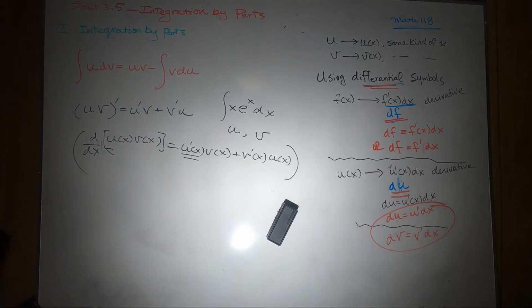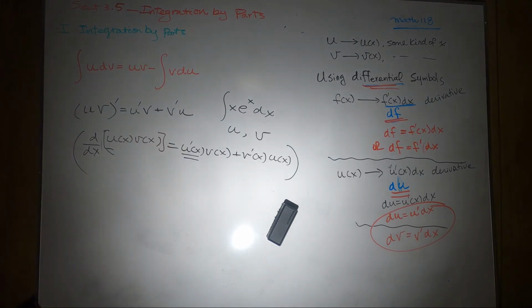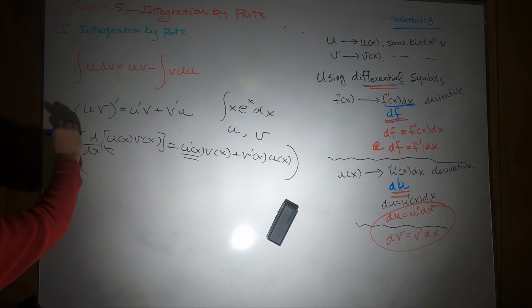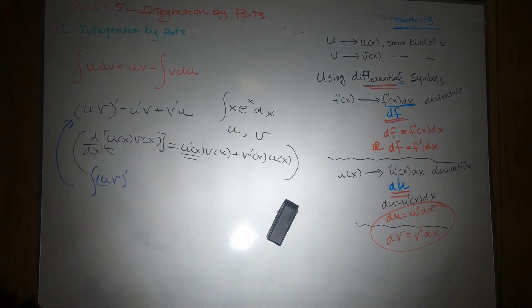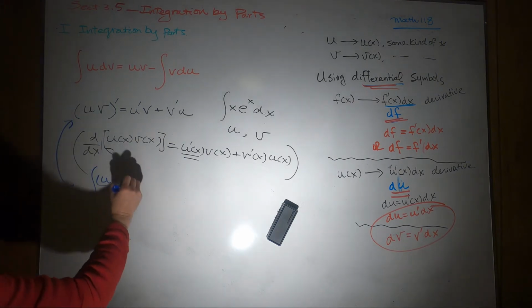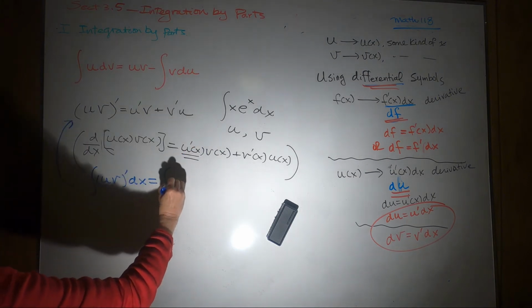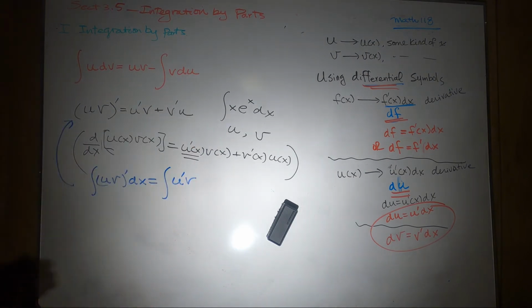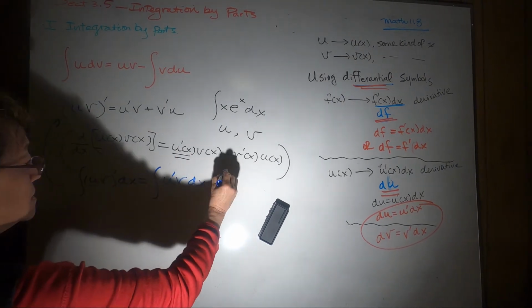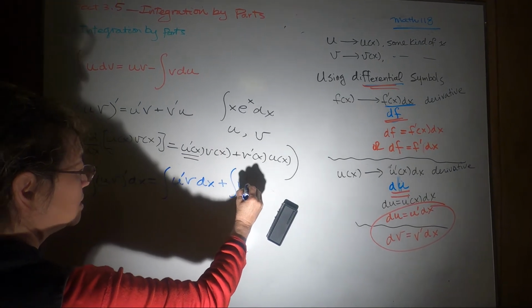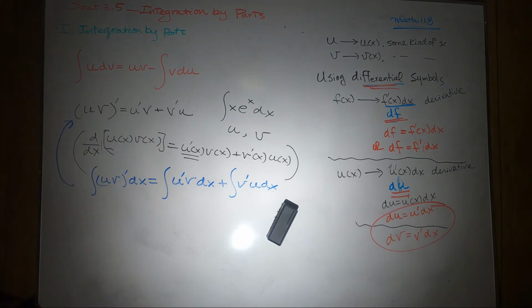Now we are going to take the antiderivative of this. Antiderivative means the integral with respect to x. It should be the same here: the integral of u prime v dx plus the integral of v prime u dx. You take it individually.